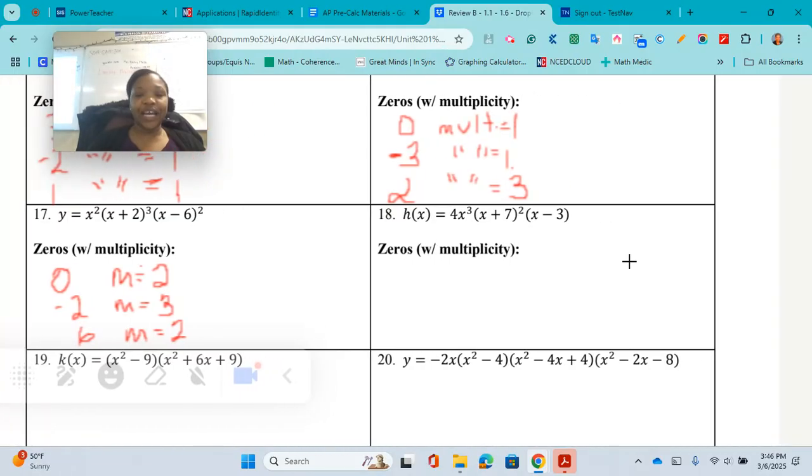Next one, we have zeros at 0 with the multiplicity of 3. We also have a 0 at -7 with the multiplicity of 2.